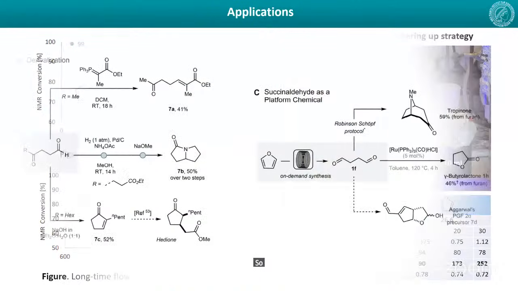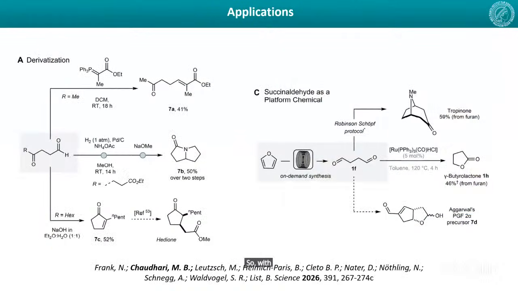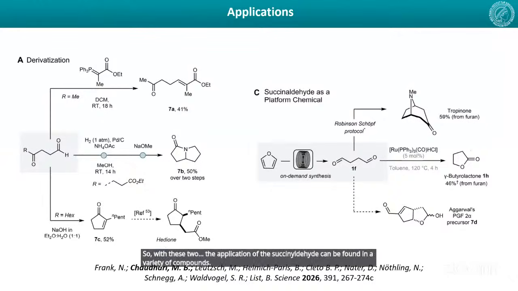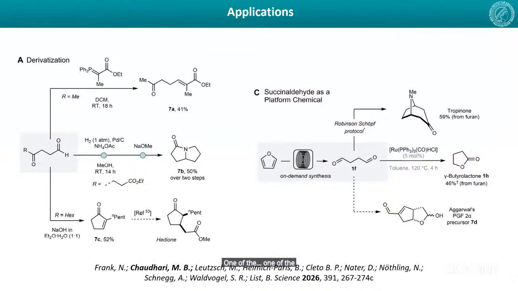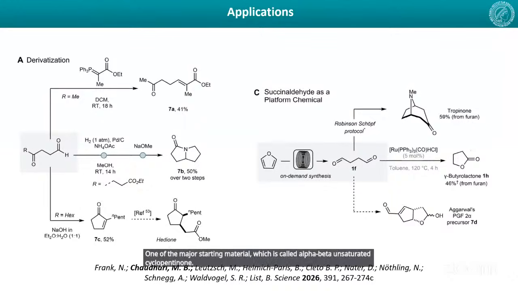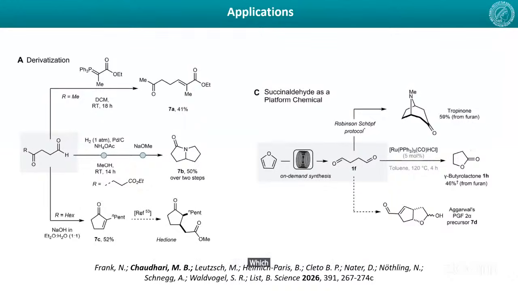So with this, the application of succinaldehyde can be found in a variety of compounds. One of the major starting materials is alpha beta unsaturated cyclopentanone, which is a precursor for hedione.